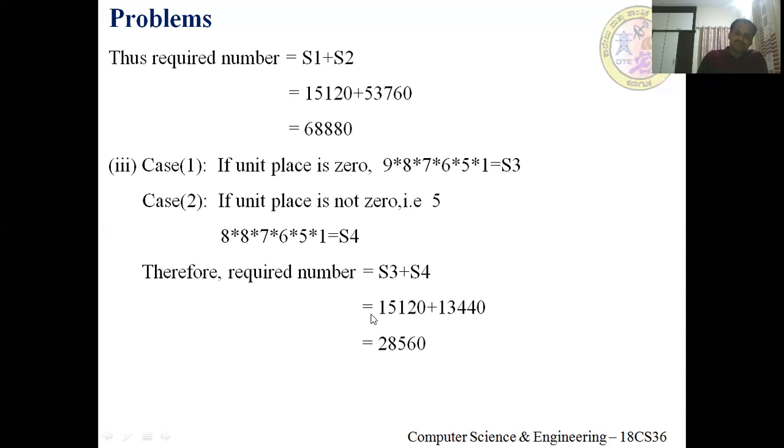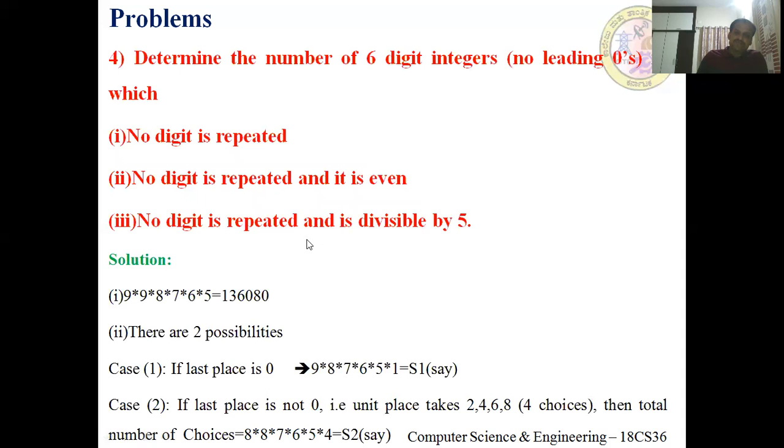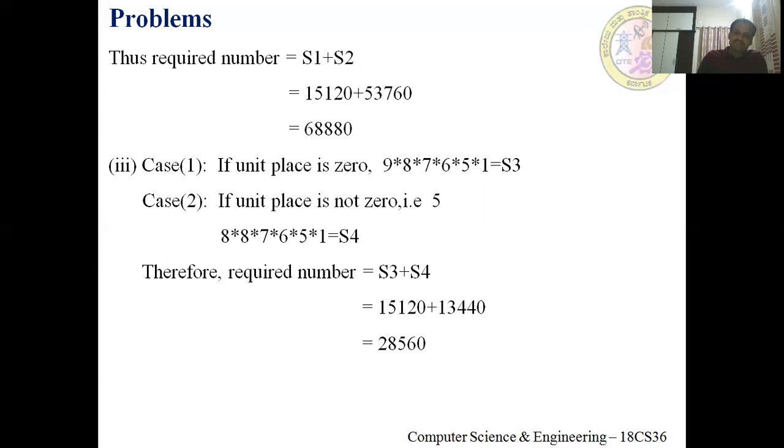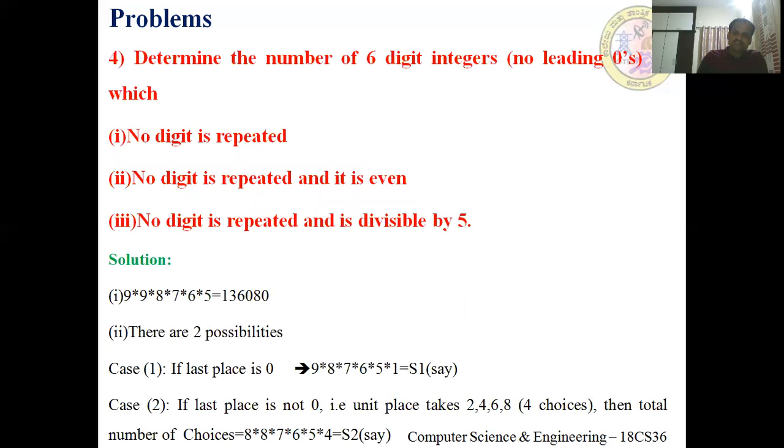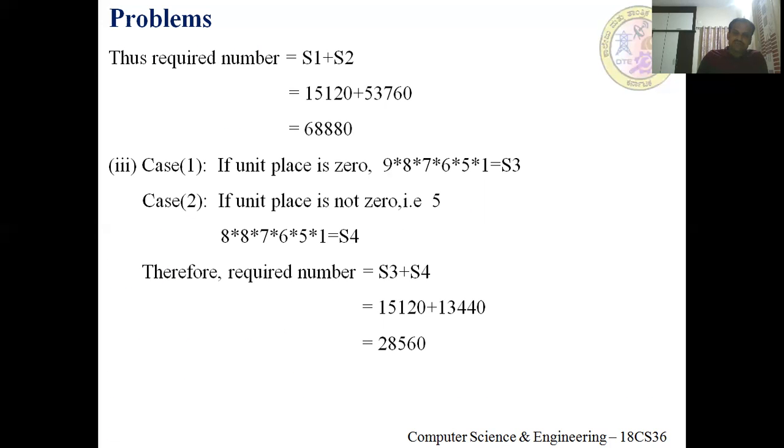The number of ways of forming a 6-digit number with no leading zero such that no digit is repeated and it is divisible by 5 is exactly equal to 28,650. This is the final answer for the last sub question.